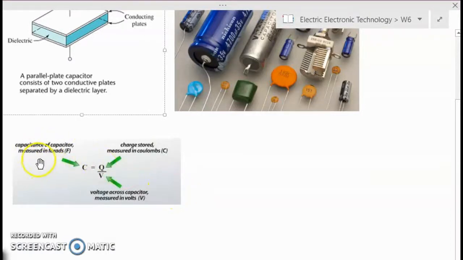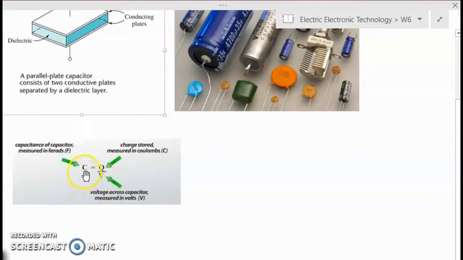Capacitance is measured in farad, and it measures the quantity of charge that can be stored over the voltage that's applied across the terminals of your capacitor. For example, imagine if we apply a certain value of voltage across the capacitor, there will be a certain amount of charge that can be stored in that capacitor. So basically, a capacitor acts like a battery that can store charges, but the stored charge divided by the voltage is what we call a capacitance.